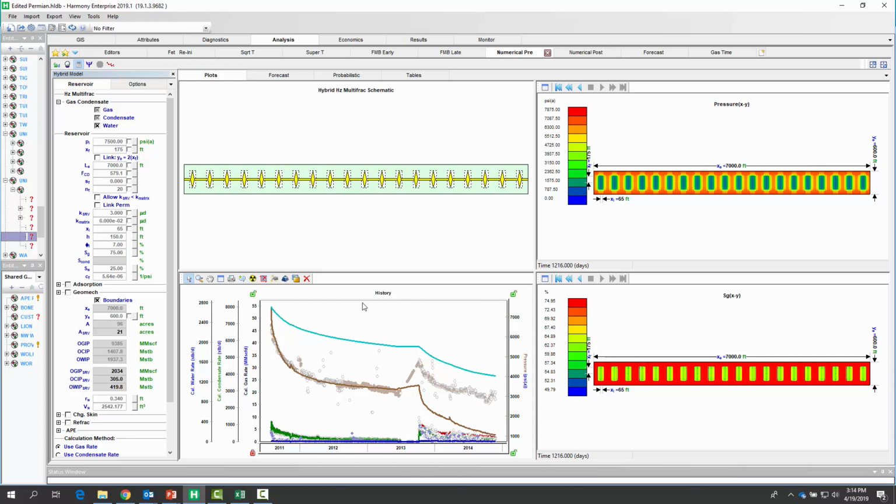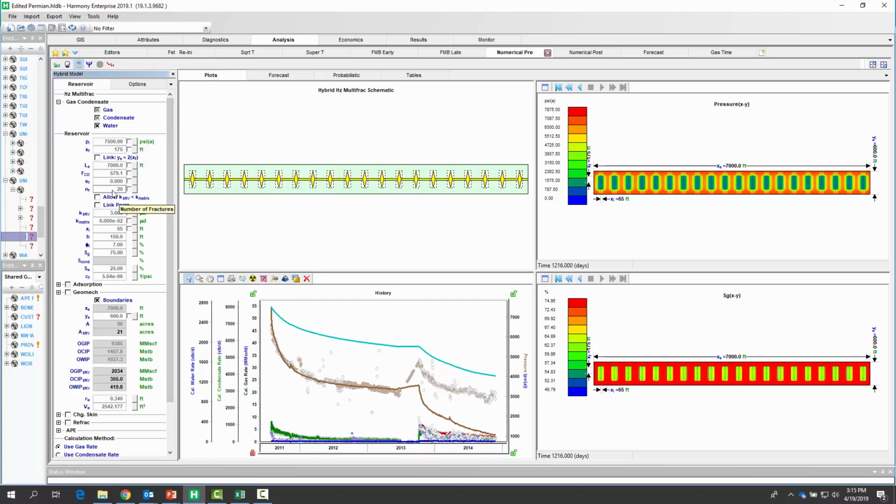What I mean by that is here we see a wonderful pressure history match until the well was refractured, and I have 20 fractures applied to my model. This is back when we had large spaces between the fractures, and represented by 20 fracture stages, I get a good history match.